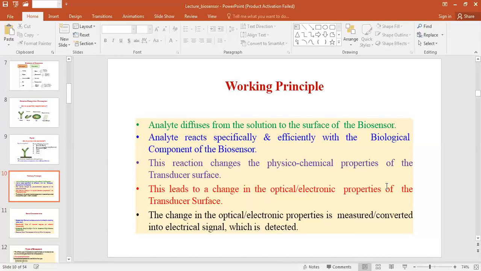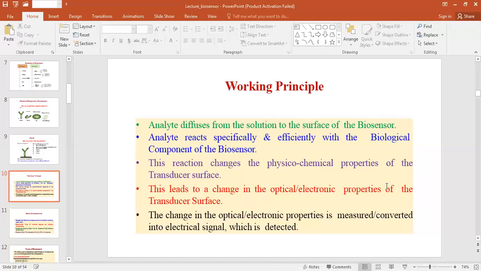So the analyte diffuses from the solution to the surface of the biosensor. Then the analyte reacts specifically and efficiently with the bioreceptor part of the biosensor. And this reaction changes some physicochemical properties of the transducer surface.